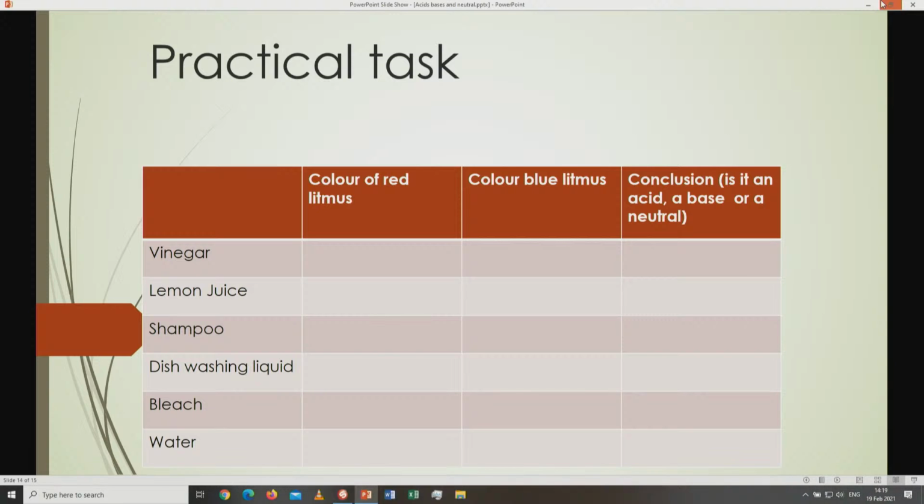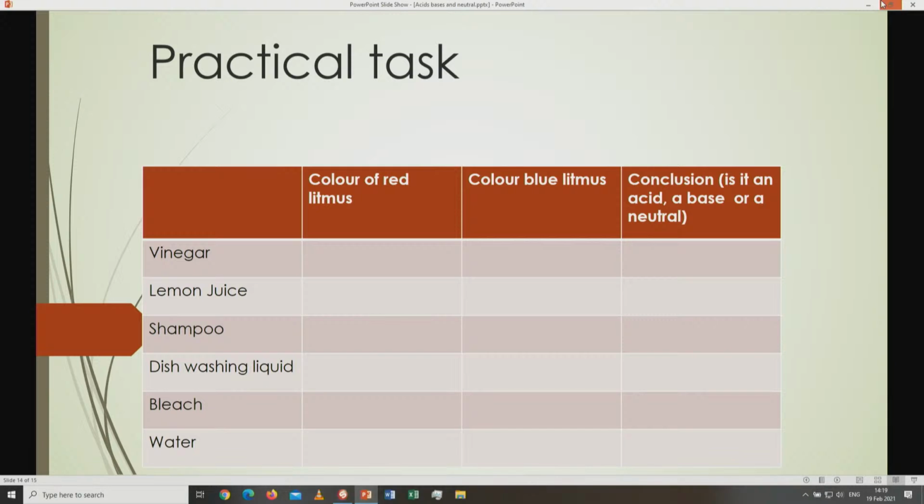We are also going to sample with Sprite as a drink. We are also going to use vinegar, is there.